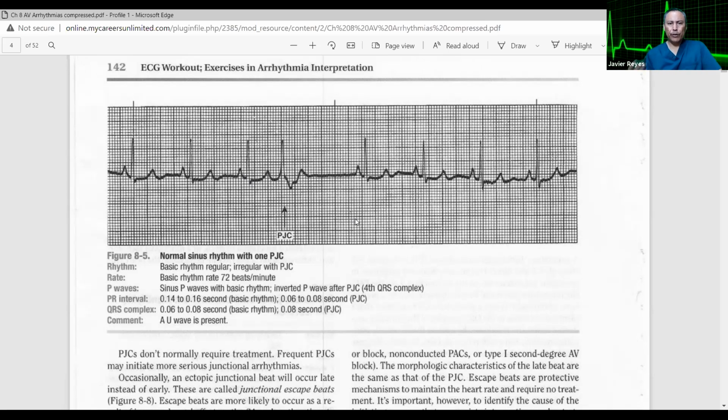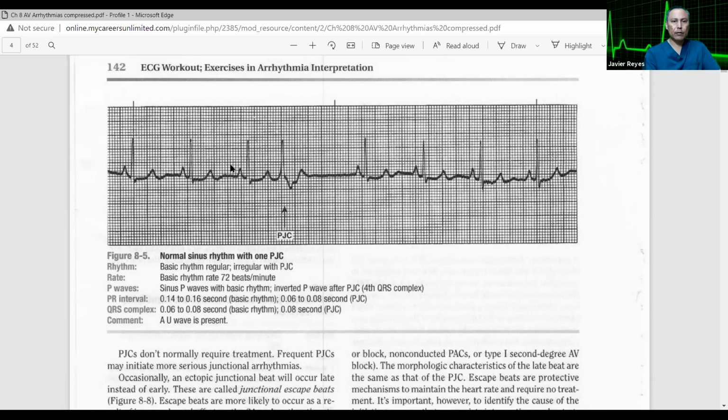Now, when we have premature complexes, we have to name the underlying rhythm. So you go through the other criteria and check the regularity. One, two, okay, that's odd. And then it continues. The rhythm is pretty regular except for that one. The rate, you can count one through seven, seven in a 6 second count, that's 70.